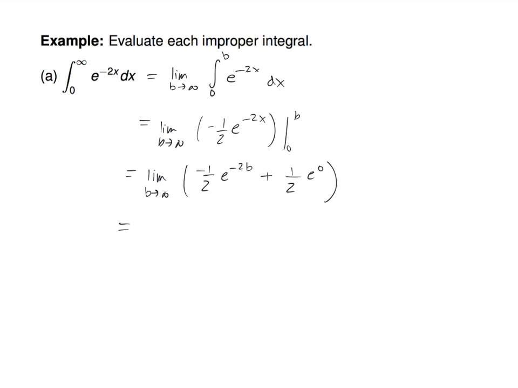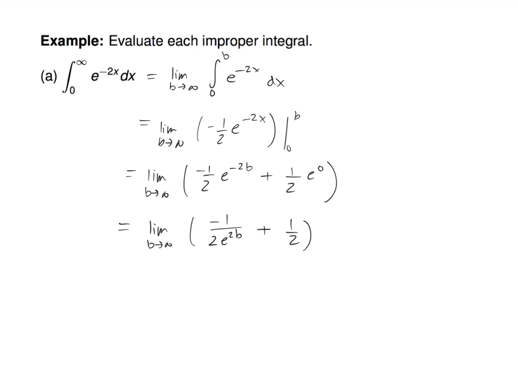It's 1 over e to the 2b. That's great. Don't miss that negative sign. So the e to the 2b just joins the 2 in the denominator, right? What's e to the 0? 1. Okay, great.